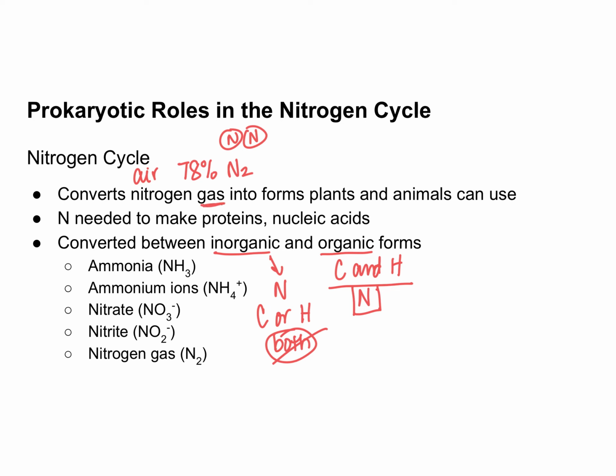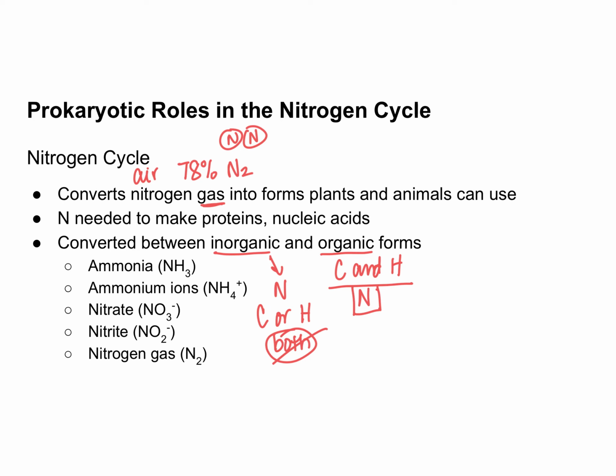Now, the interesting thing is that plants and animals need nitrogen, but they are not able to process nitrogen gas. So even though plants and animals are surrounded by 78% of our air being this nitrogen gas, it is not accessible to us in a way that we need it. And so that's where prokaryotes come into play. They are able to convert that nitrogen gas into forms that plants and animals can then use.